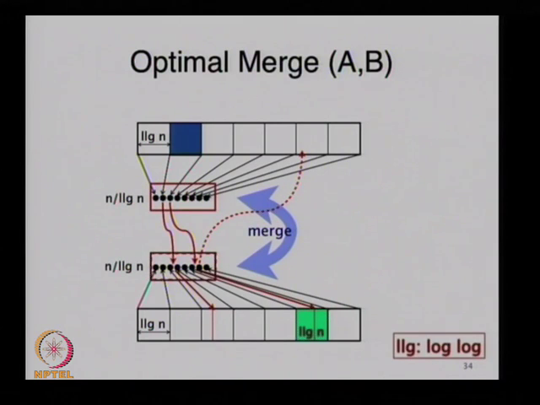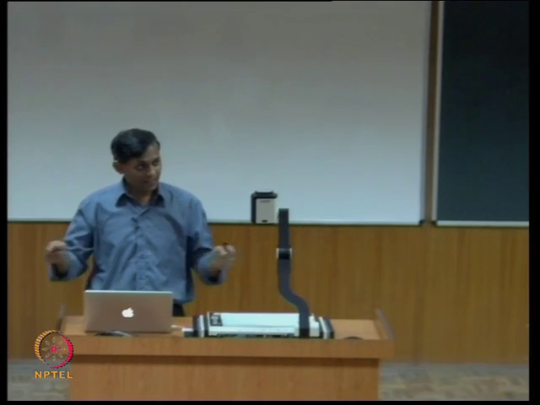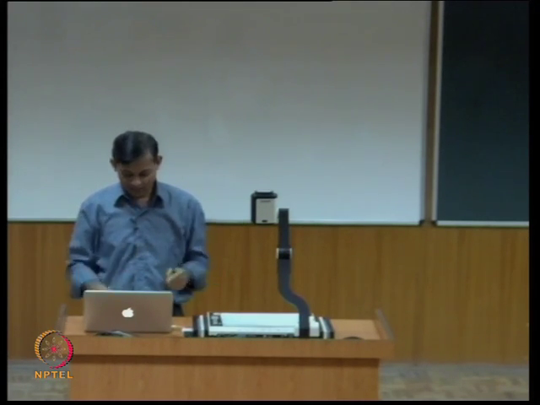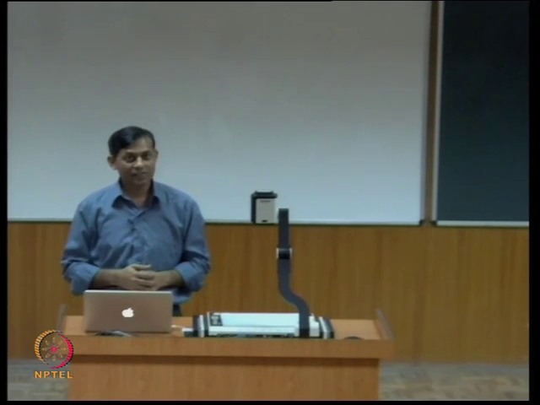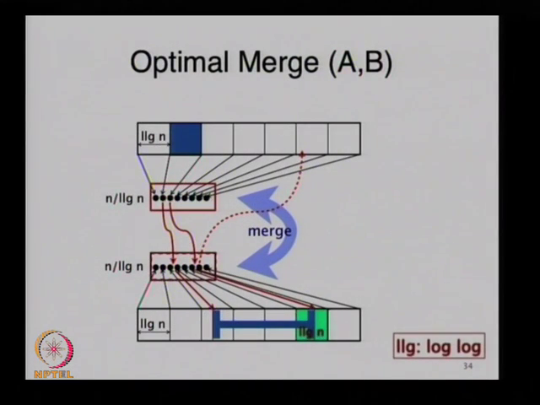So we know that all of these, the blue elements, are going to be finding their rank somewhere in that range. If I can merge these two, I'm done. So for every block of blue on the top list, I'm going to find the corresponding block of blue in the bottom list and merge them.